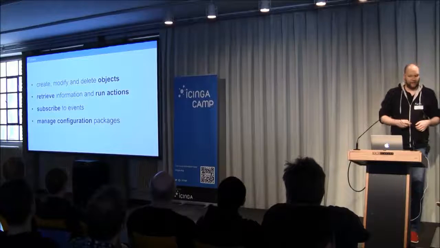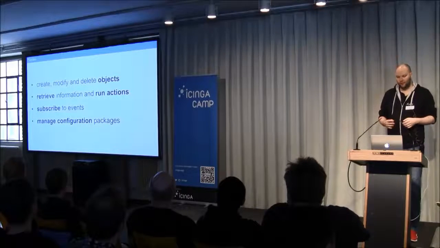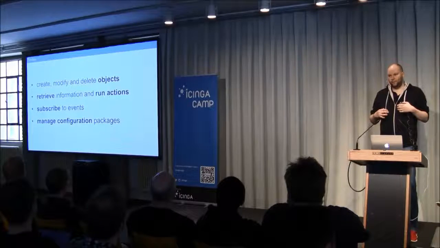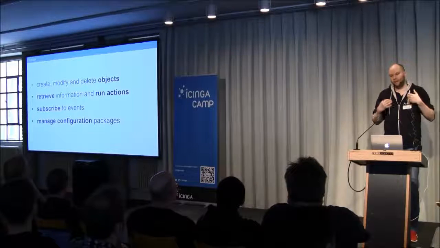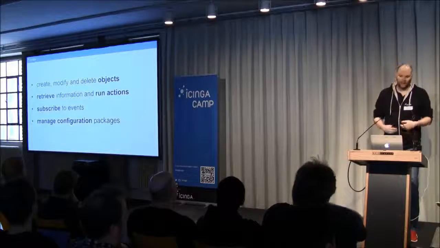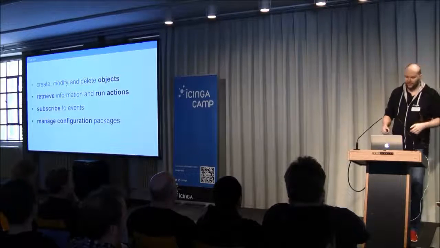The general feature set this API should provide is not only to list objects. We also want to create objects at runtime. The old example is you put a file somewhere and you restart the core, it takes ages, and then you have it live and it worked, cool, but all the cluster connections died.